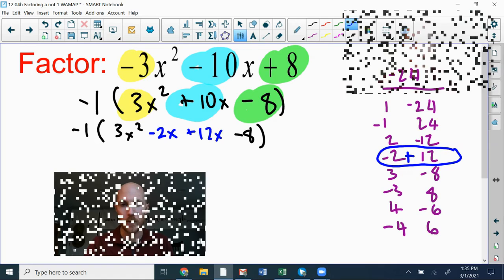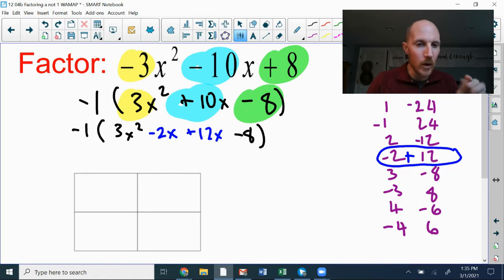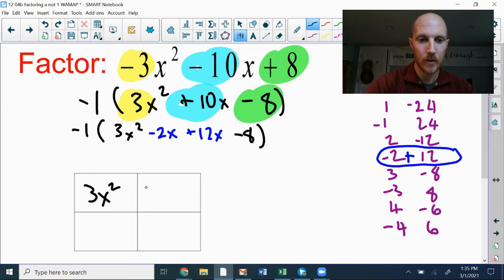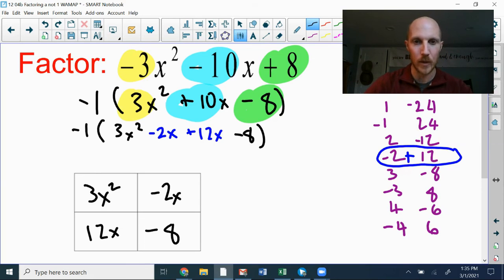Those 4 terms go into the factor box. The negative 1 that I've already factored out does not appear at any point in the factor box. I've already identified that as a factor. So it just hangs out in the meantime while I finish factoring the rest of the problem, and then it'll show up as part of my final answer again. So 3x squared in the upper left, negative 2x, positive 12x, and negative 8. And the negative 8's got to go down there in the bottom right.